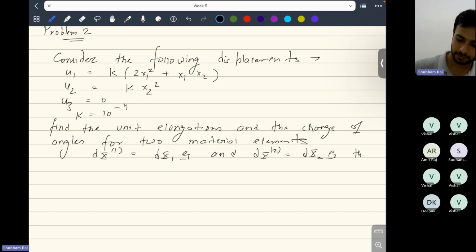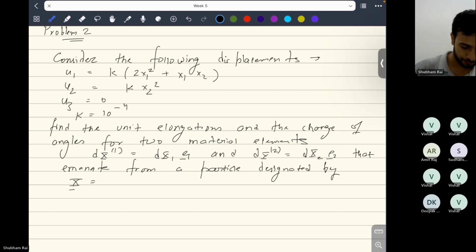These material elements emanate from a particle which is designated by capital X equal to E1 plus E2. Okay.